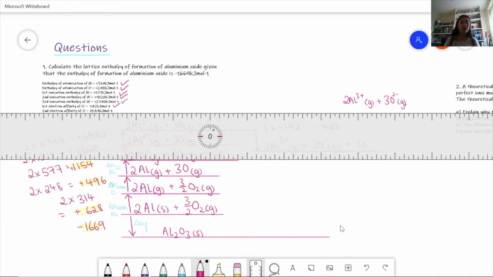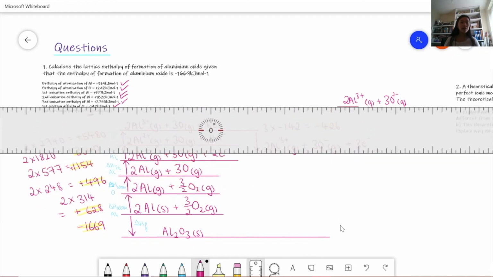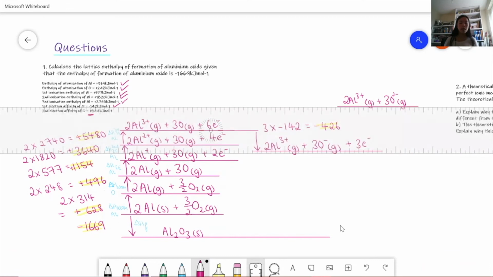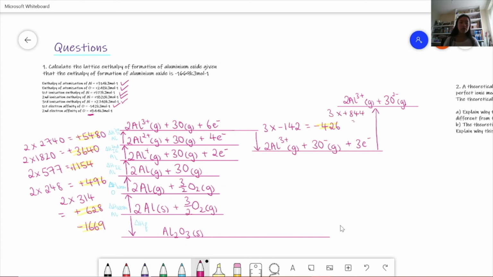And so then we draw the line, and now we draw the arrow up, and we label it. It will be 3 times the plus 844, which equals, so at this point you can see that it gets really cramped. We get plus 2,532.